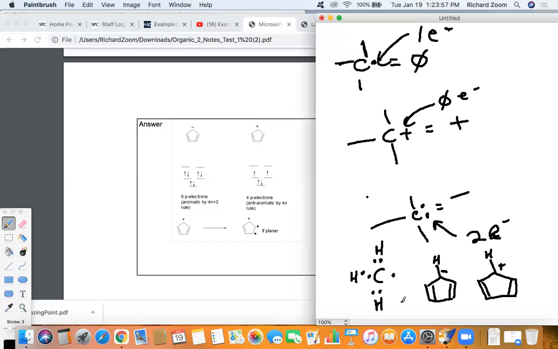It isn't anywhere. I'm using this as a means to describe why a negative charge would be the presence of 2 electrons on that C, and the plus here is the absence of an electron on that C. It's just to symbolize it. That's all. Okay. I don't know how else to explain it, Julie.